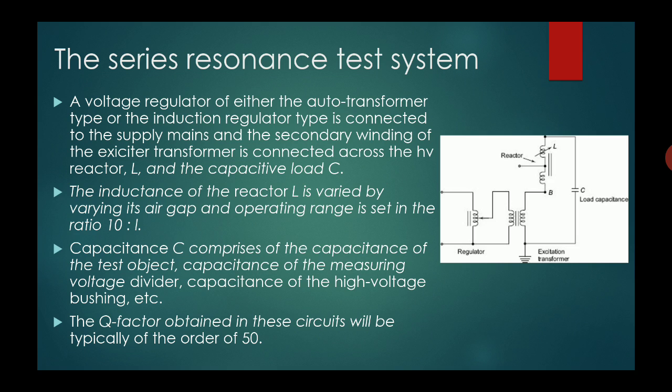Now we will talk about the series resonance test system. A voltage regulator of either the autotransformer type or induction regulator type is connected to the supply mains, and the secondary winding of the exciter transformer is connected across the HV reactor L and the capacitive load C. You can check the diagram on the right hand side.